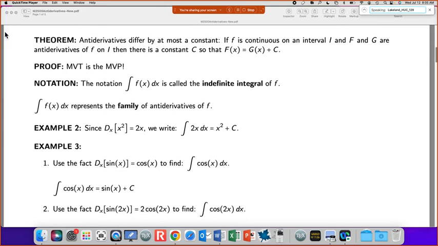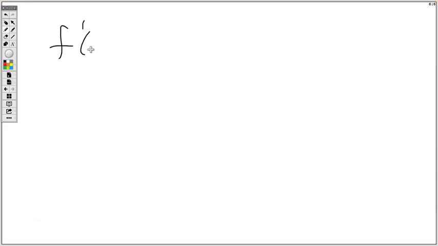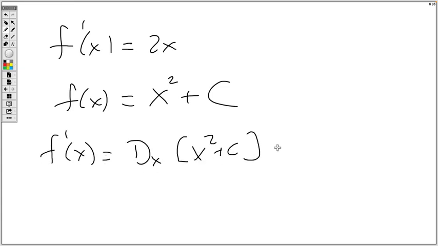Now we mentioned this. If you're trying to solve f prime of x equals 2x, you could get x squared, and then you could have any constant tacked onto that, and that would still work, right? Because when you take the derivative, the derivative of that constant is just going to be 0.